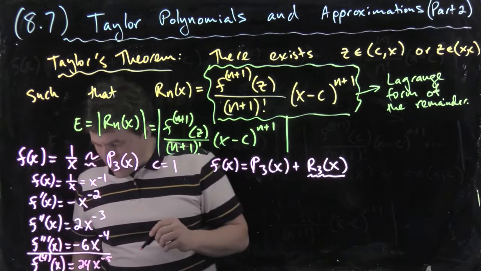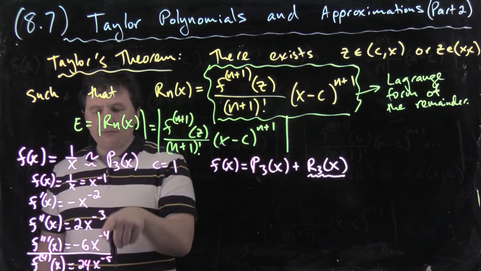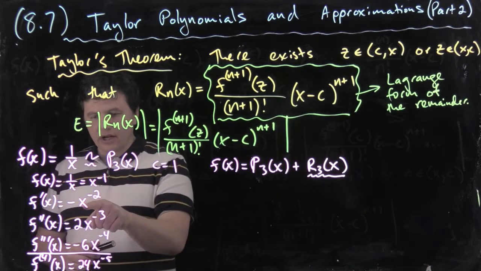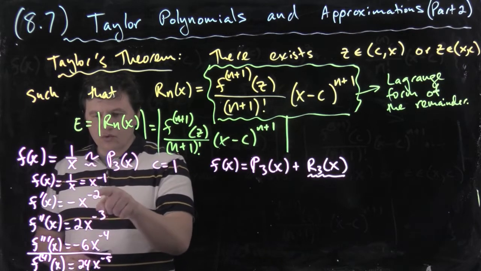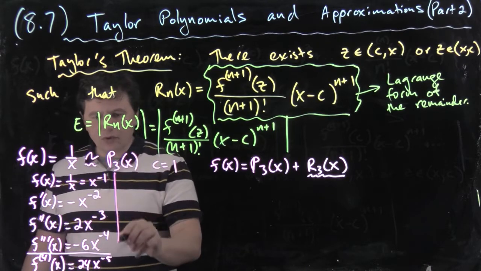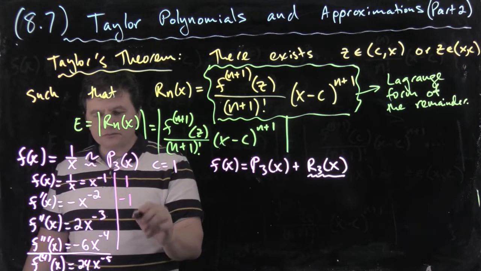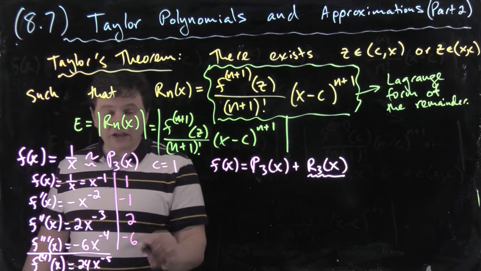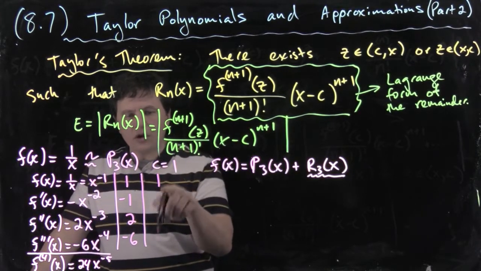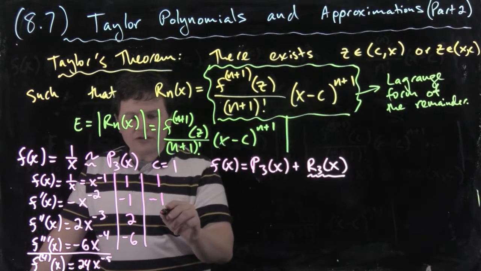Okay, so now, as we did before, we're going to enter our center, so our center here is 1. You could change these exponents to positive, but since we're just plugging in 1, 1 to the negative second, 1 to the negative third, 1 to the negative fourth, that's all just going to be 1. So what we get at our center is 1, negative 1, 2, negative 6. And the next thing we do is divide by the factorial. If we divide by 0 factorial, that's 1. By 1 factorial, that's still negative 1. By 2 factorial, that's 1.